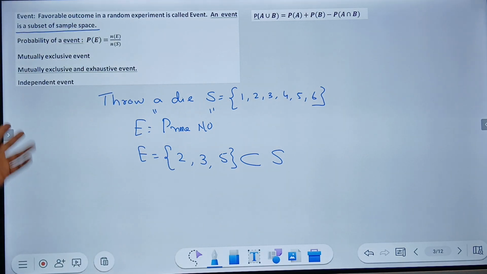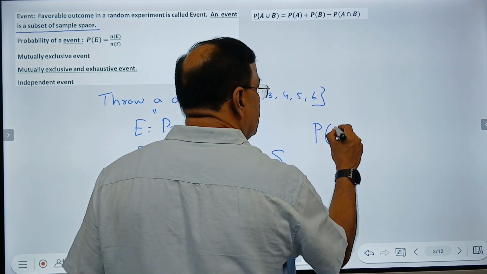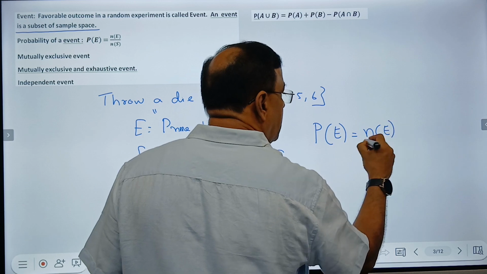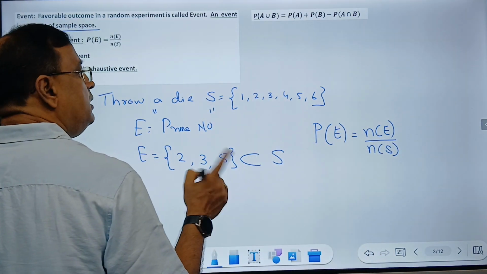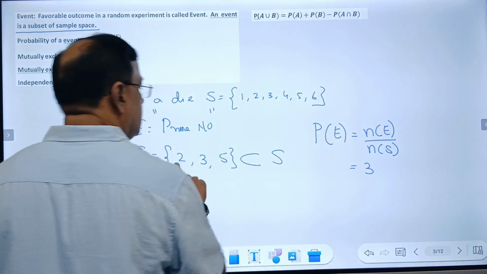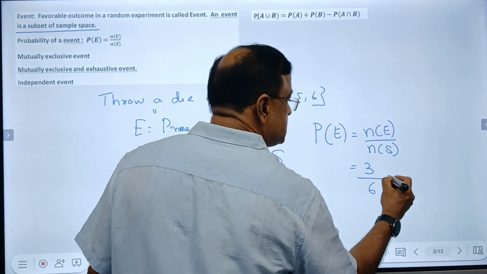Now what is the probability of that event? The probability of the event E is the number of elements in the event divided by the number of elements in the sample space. How many elements are there in the event? Here the number of elements in the event is 3. How many elements are there in the sample space? There are 6 elements in the sample space.